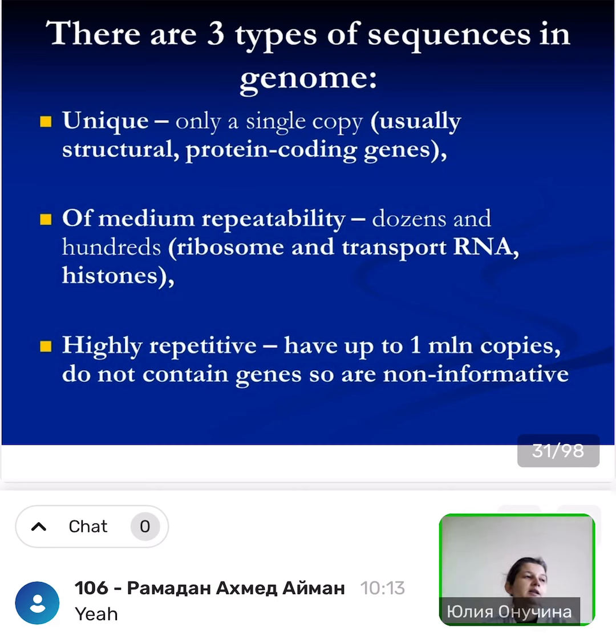Highly repetitive sequences do not contain information about any proteins. We don't know about their function at this time, but geneticists think that their function is regulation of protein biosynthesis, regulation of our general mechanisms in our organism, regulation of our life.